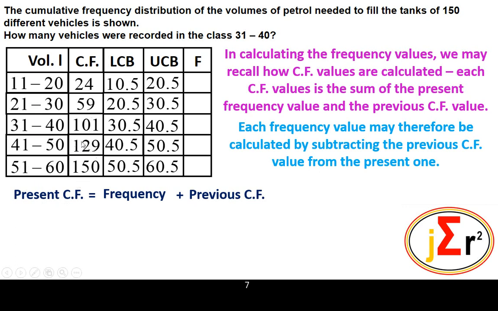For us to arrive at this value, we will take the frequency value and we will add that to the previous cumulative frequency value. And that is how we will arrive at the present cumulative frequency value. So the present cumulative frequency value is equal to the frequency value plus the previous cumulative frequency value.